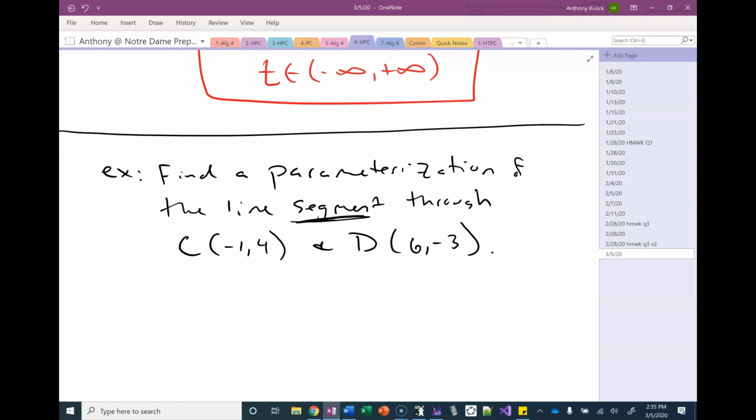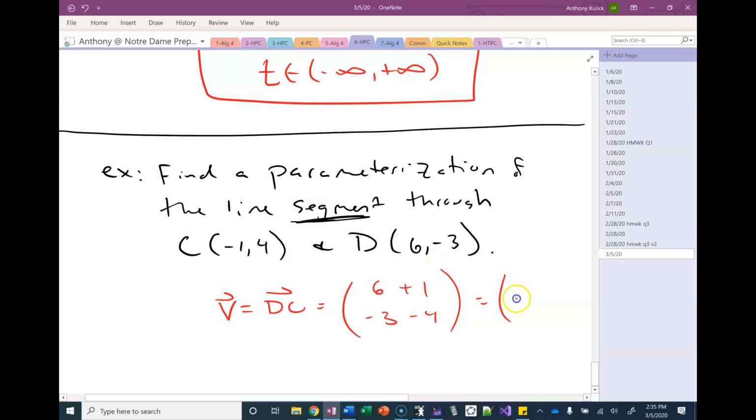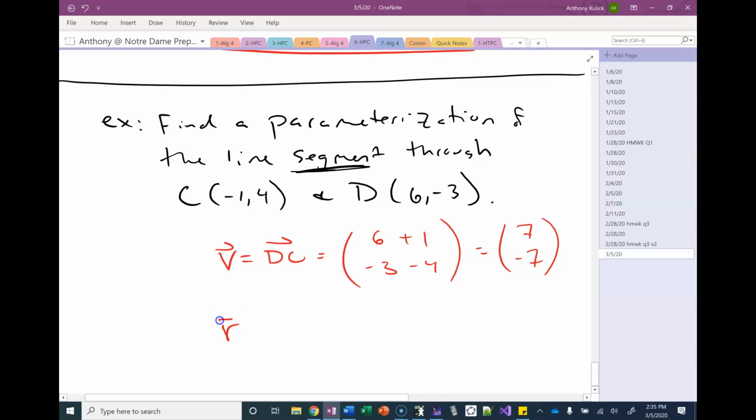All right. So let's start here by finding my vector v. So in this case, I'm going to find DC. Everybody good there? So for r sub 0, I'll just use the first point.